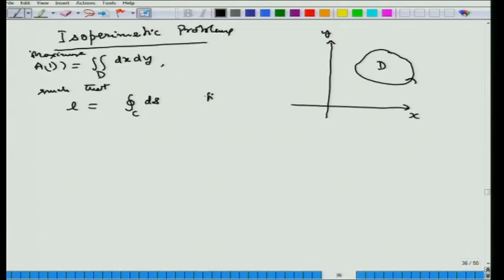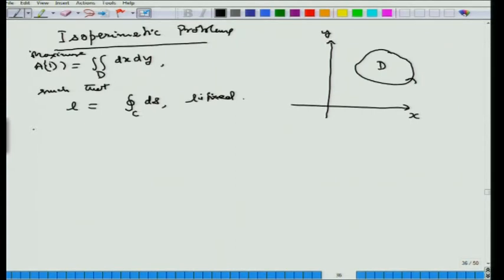So L is fixed here. So area is to be maximized subject to the condition that this length L is a given fixed number.